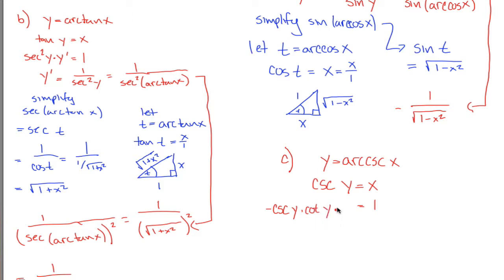But then you're not done. You've just taken the derivative of this part. You still have to multiply that by the derivative of this part. So it's times y prime. So what you get is that y prime is equal to 1 divided by, maybe I'll throw this negative out in front for this guy, cosecant of y times cotangent of y.